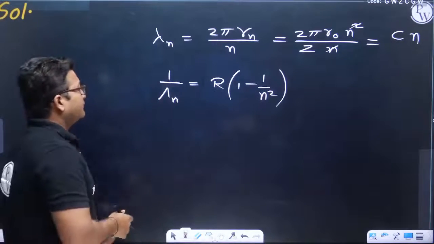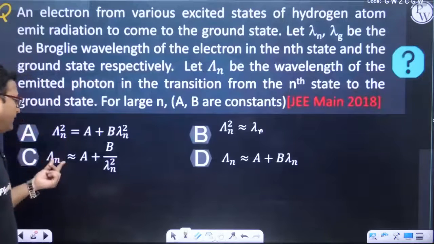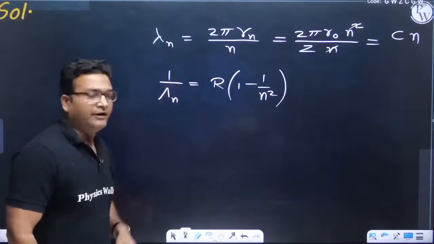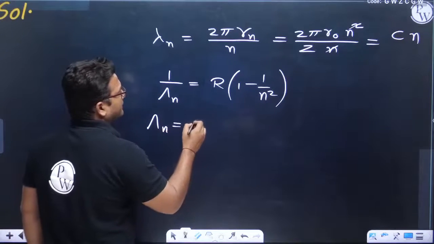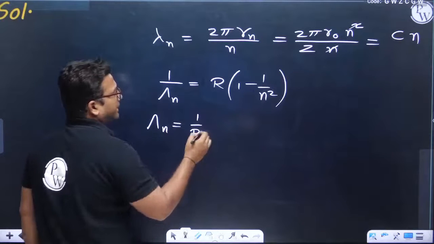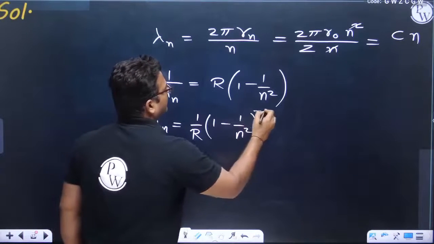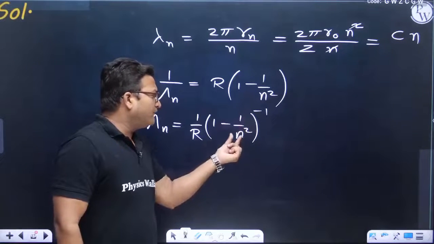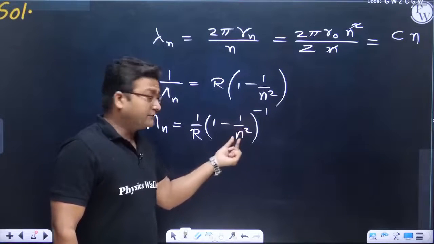Okay, so as in every option we have an in the numerator, and in this expression we have an in the denominator. I can convert an as 1 by r and 1 minus 1 by n square to the power minus 1. But as this term, which is 1 by n square, n is very large, so this term becomes very small as compared to 1.